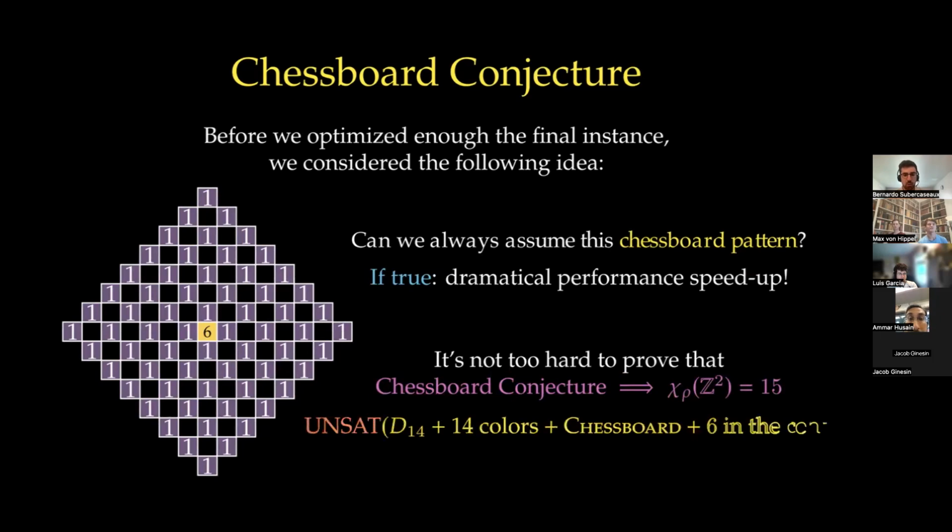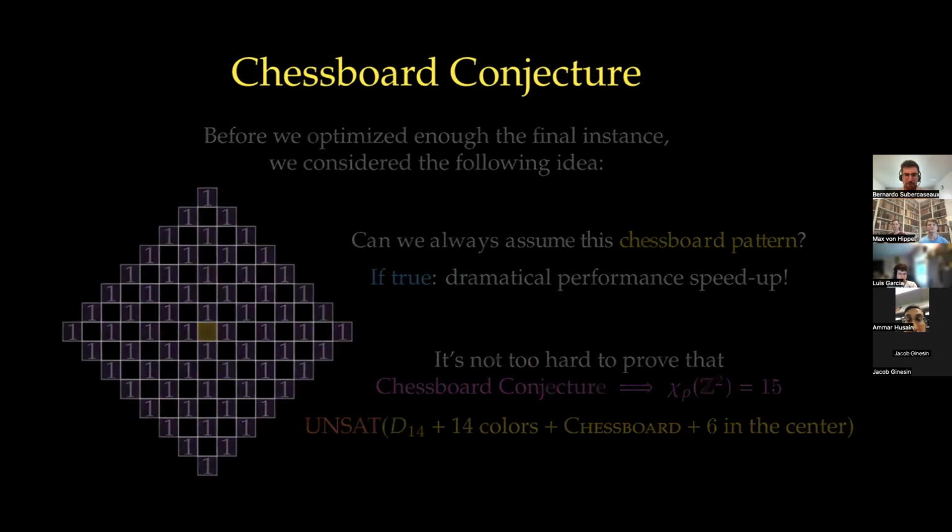Because it was not too hard to prove that the formula of the diamond of radius 14 with 14 colors, assuming the chessboard pattern and a 6 in the center, was unsatisfiable and therefore impossible to do. So we already had that. And then what we were trying to do is, okay, let's just try to prove the chessboard conjecture by hand, and then we'll be done with this and move on to other problems.